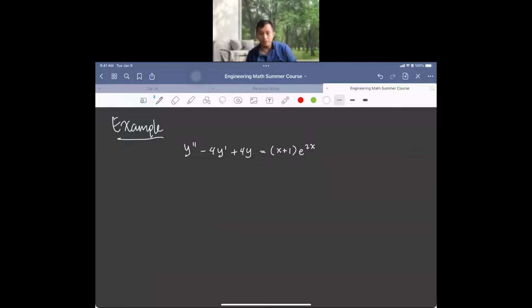I think we can also solve this through undetermined coefficients, no problem. But let's say we are going to use variation of parameters, so you can have a sense of priority for which method to apply.